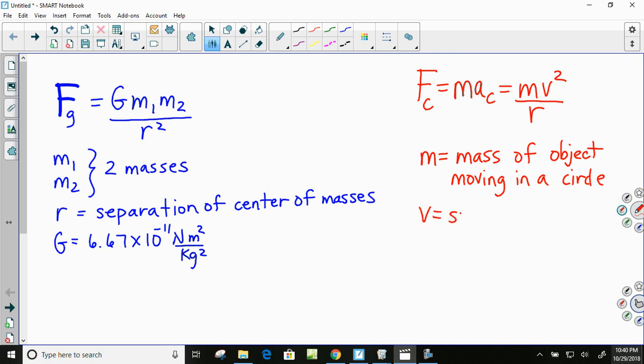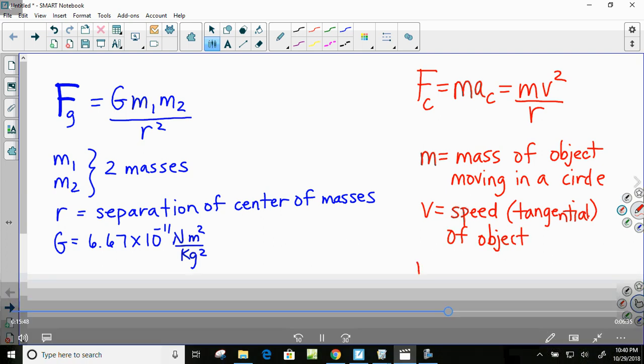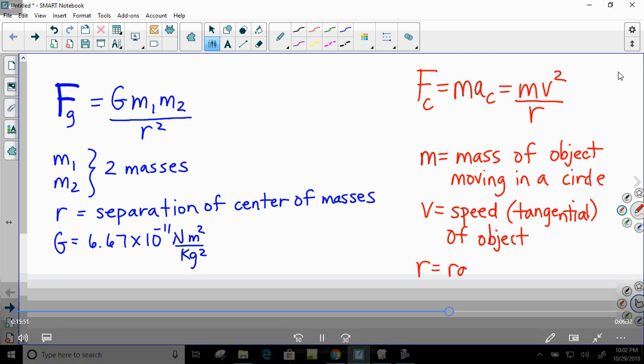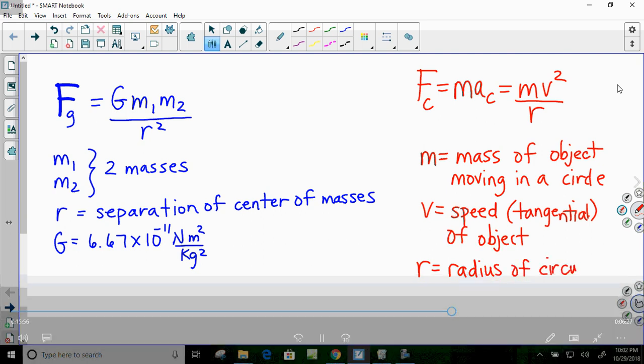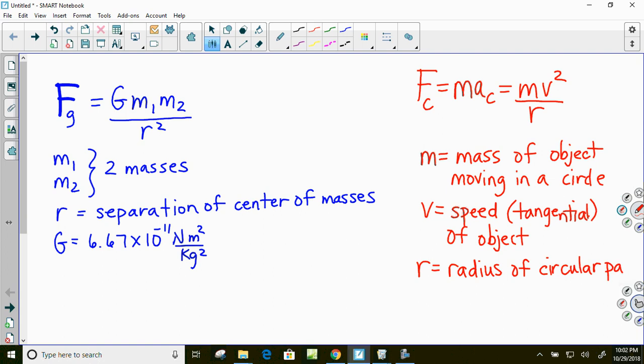The v is the speed, which is the tangential speed of the object going in a circle. And r is the radius of the circular motion.